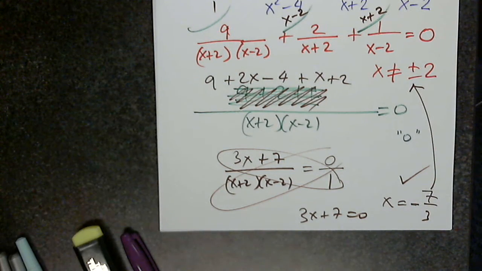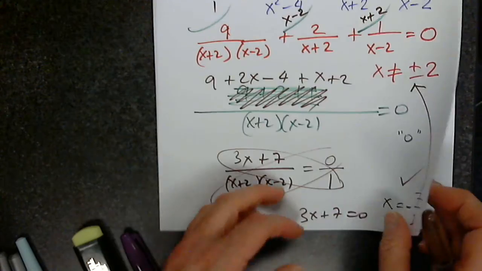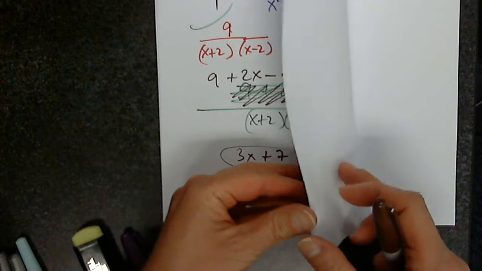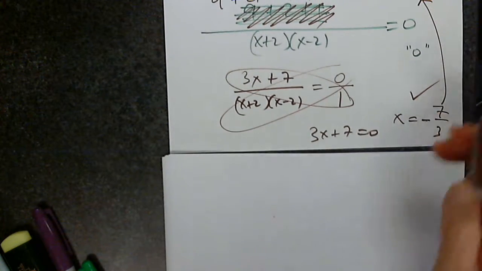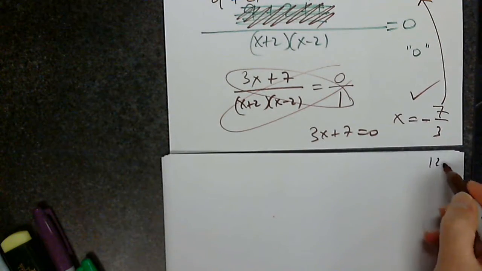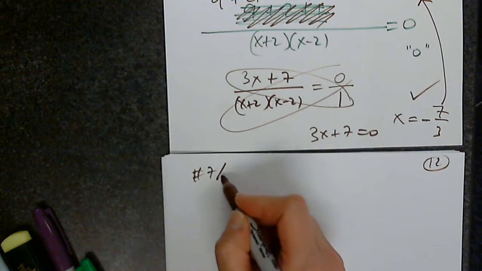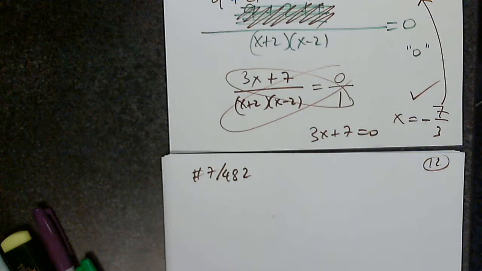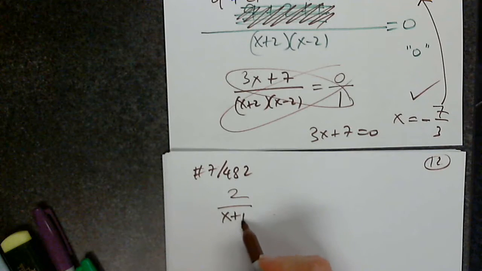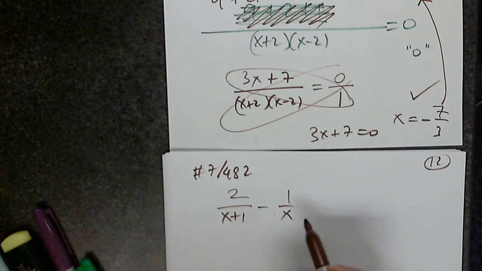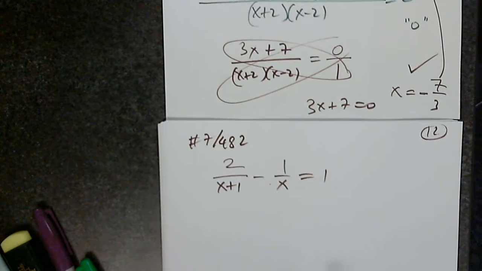Let's look at 7 on the same page, 482. Two over x plus 1 minus 1 over x equals 1.